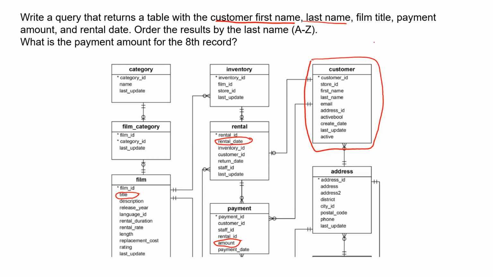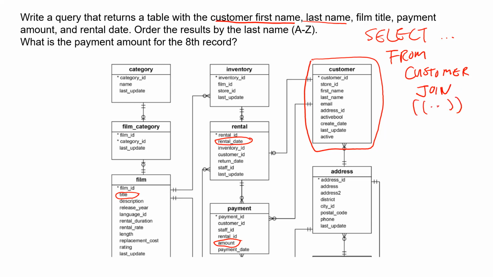So when we write our query, select, and then let's put our columns, from, and then it'll be from the customer table. Then you can do either some kind of a left or an inner join. For now, let's put a join. After this will be a set of joins inside, but ultimately it's going to join with that customer table. And that's how we visualize it.